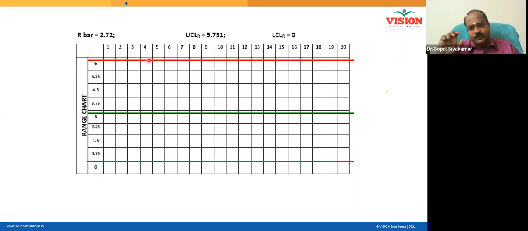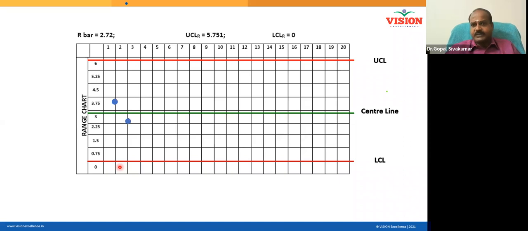What we have is only sample. From the sample, how can I go close to the population standard deviation? So you need to convert the standard deviation of the sample into standard deviation of the population. For that, we have some moderations in the formula using constants. So D4 into R bar gives upper control limit, D3 into R bar gives lower control limit. Now the control graph is ready.